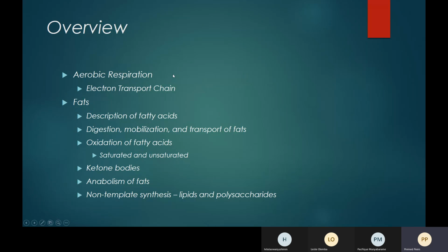Last time we went through anaerobic respiration, and we went through the steps of aerobic respiration that did not require oxygen. Here we're doing the electron transport chain, which is, hopefully, as you know, the most important step as far as energy and the one that actually uses oxygen. And then the rest is all fats or lipids, a whole bunch here. Go over the basics and then all the metabolism.